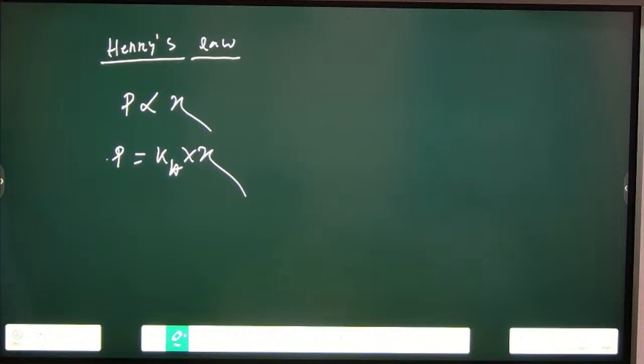It depends actually on the amount of pressure and the mole fraction. There is no specific value of this. Likewise, some constants have actual constant values, but some don't. Okay.